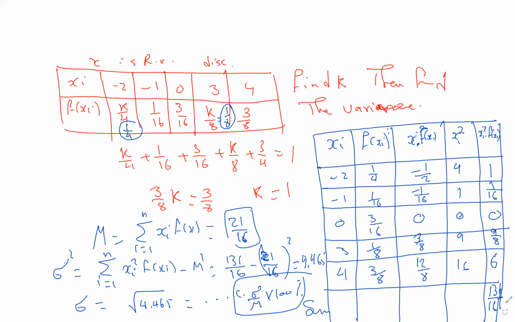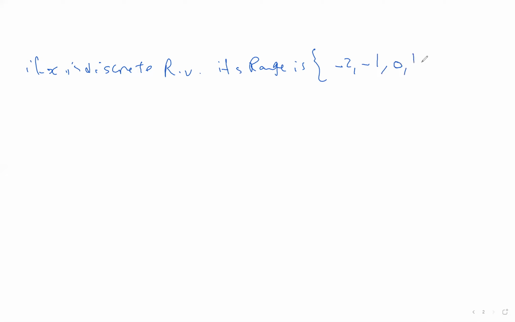I'll give you another example. If x is a discrete random variable, its range is -2 and -1, 0, 1, and 2.